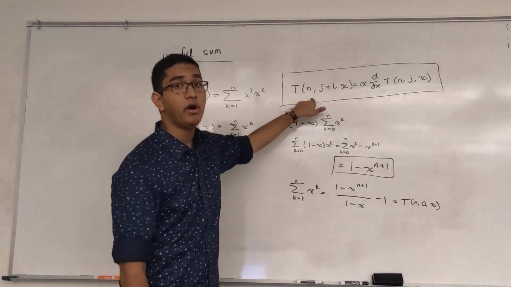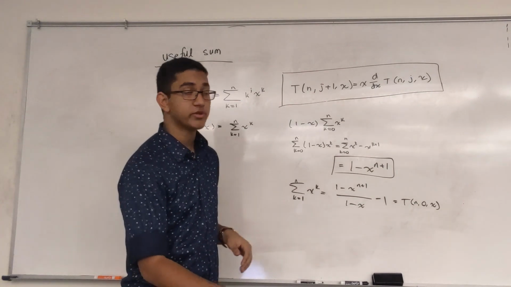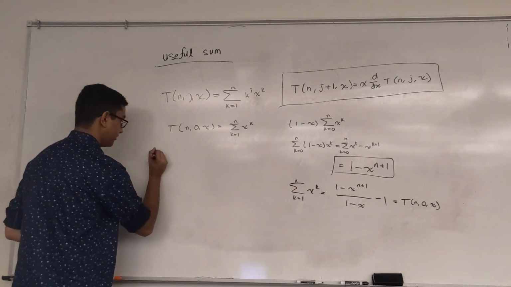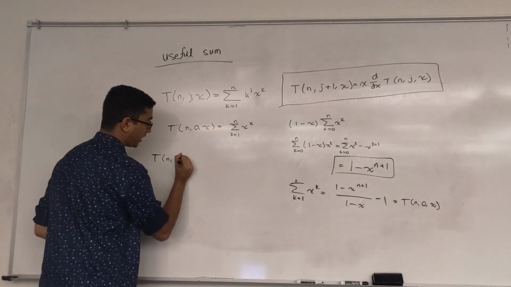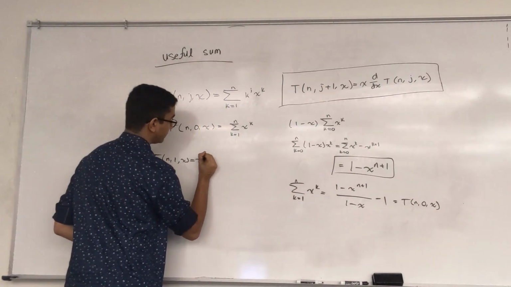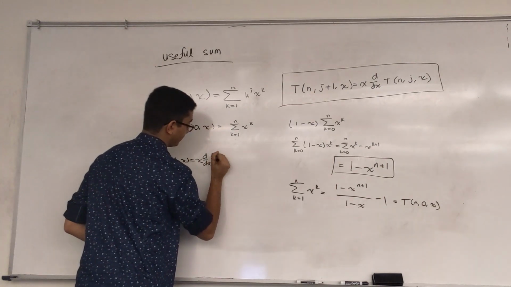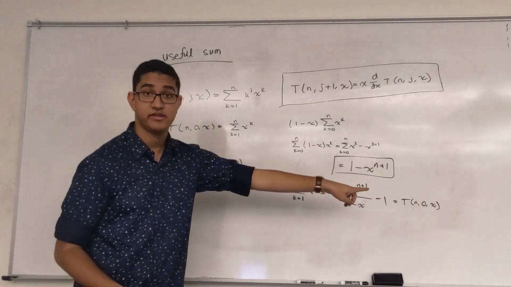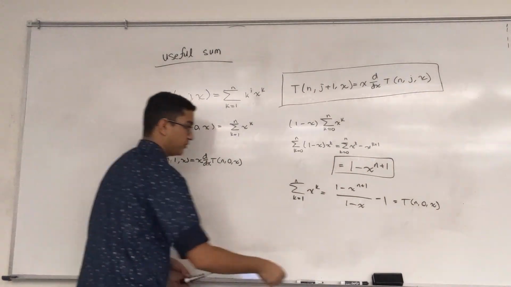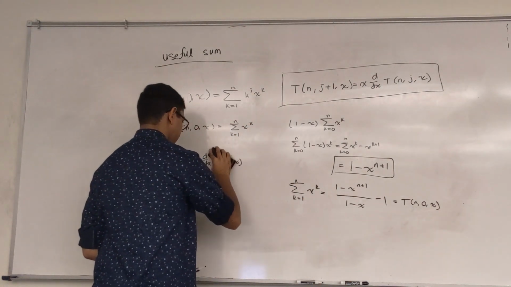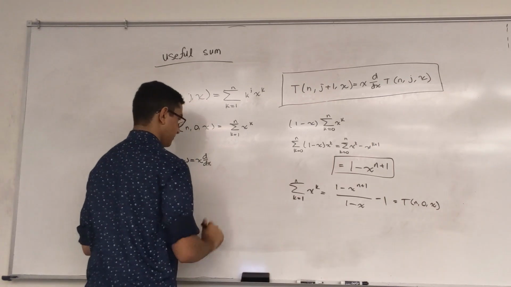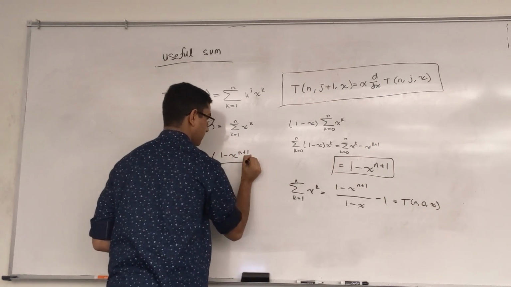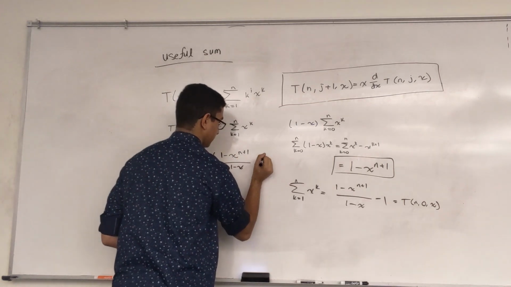So j plus 1 will be 1, and we'll be able to compute T with parameters n, 1, and x. So T of n, 1, x is x d over dx of T of n, 0, x. And we have T of n, 0, x there, so we can quickly just put that in.